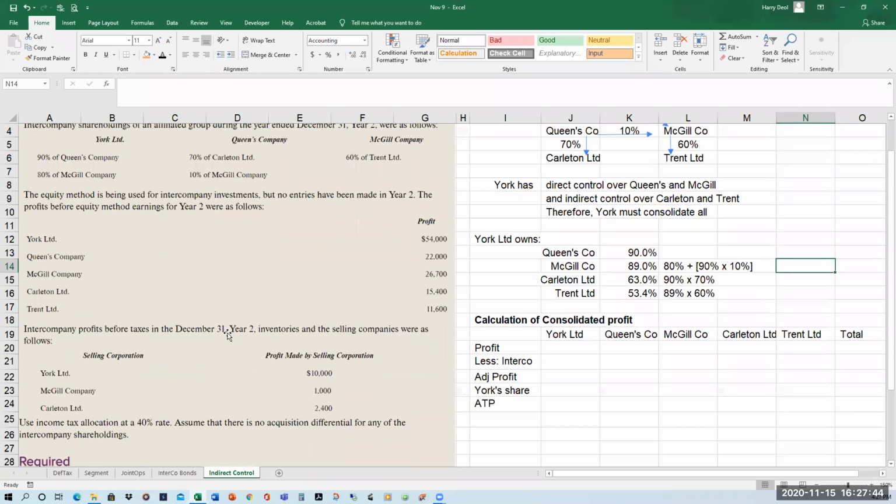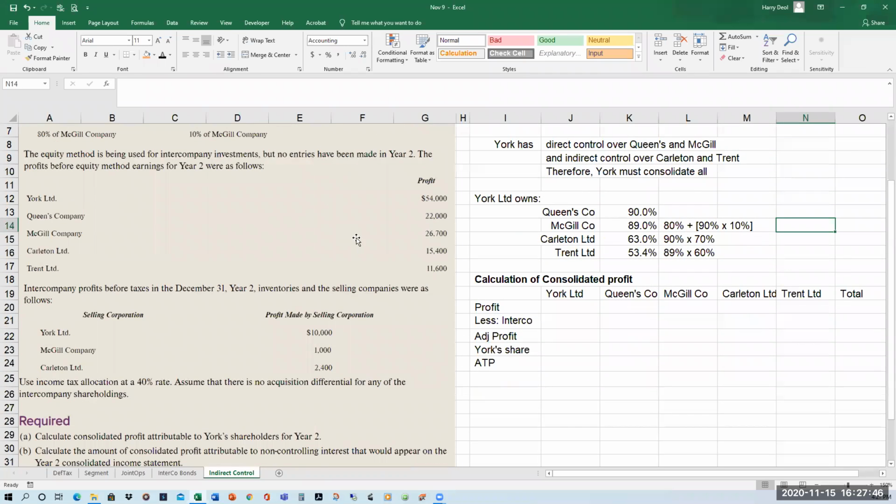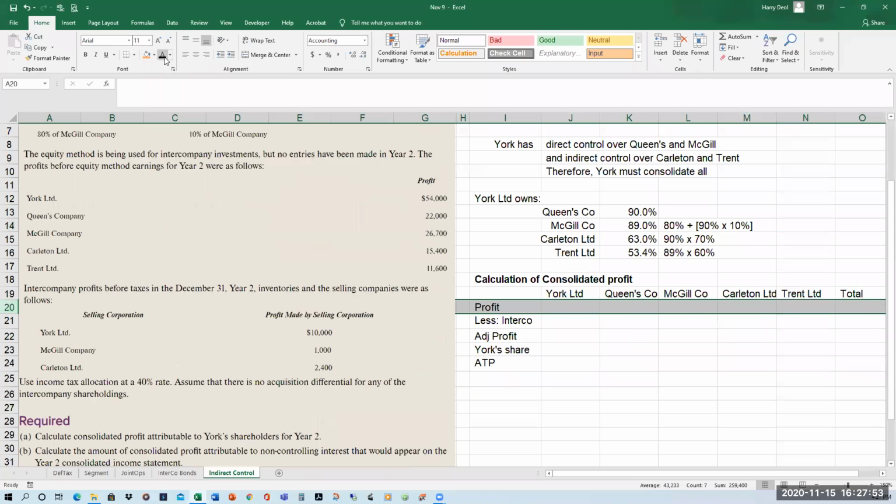We're told that for the year ended December 31st, year two, the separate company profits were $54,000 for York, $22,000 for Queen's, $26,700 for McGill, $15,400 for Carlton, and $11,600 for Trent. And this is before adjusting for intercompany profits before taxes.